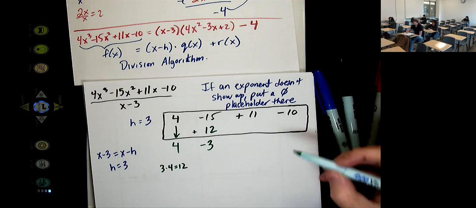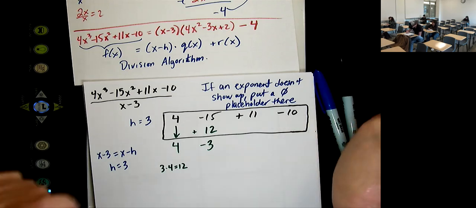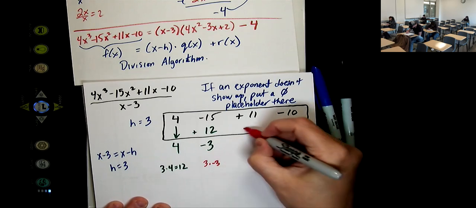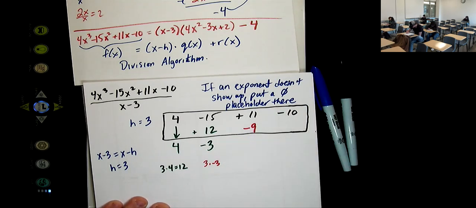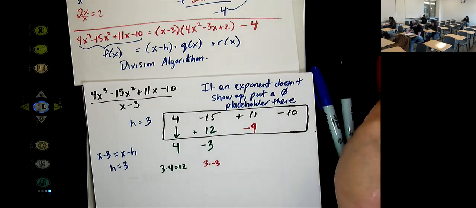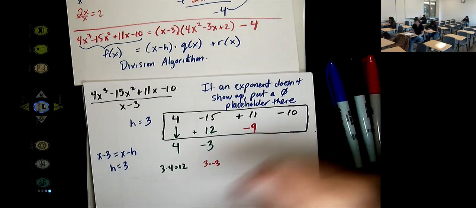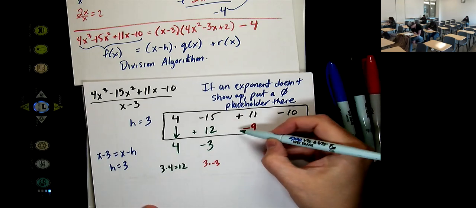And then I do the same process. 3 times negative 3 is negative 9. I'll put the negative 9 there. Again, add.